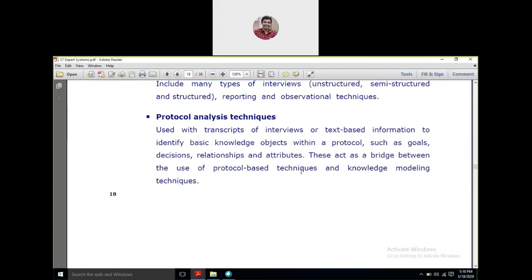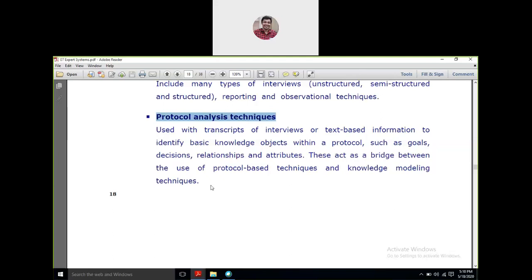Now comes protocol analysis techniques. What are these? Sometimes we become very generic and we generally take up whatever information is coming towards the knowledge encoding engineer. Then that person gets a lot of text-heavy information, meaning the transcripts of the interviews or exclusively text-based information, and obviously that information is totally unstructured.